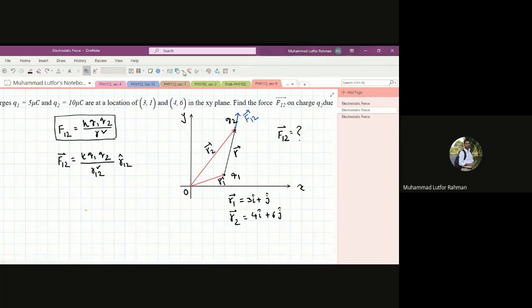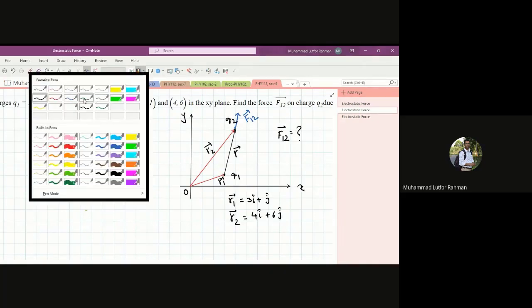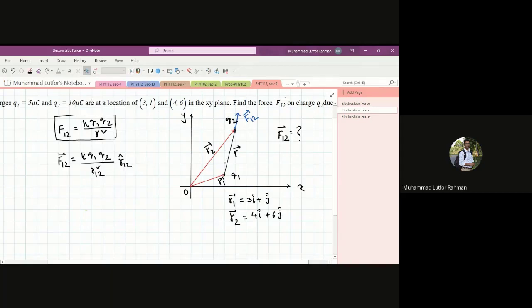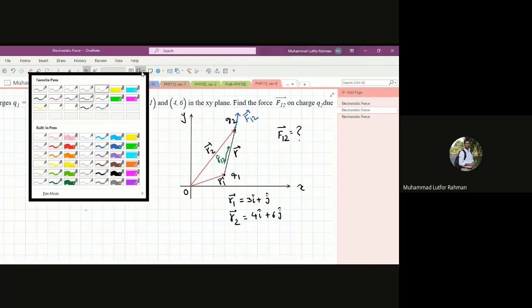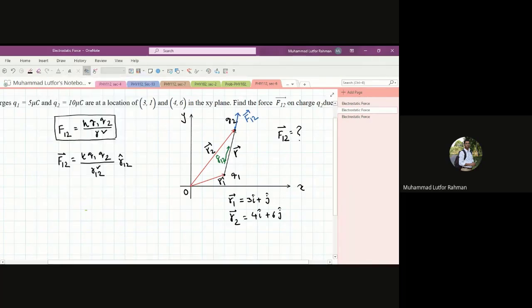This is the direction of the R12 unit vector. You can also find this for simplicity of calculation, nothing else.